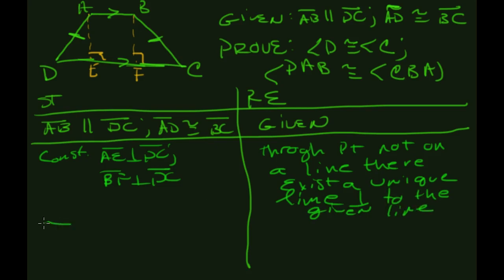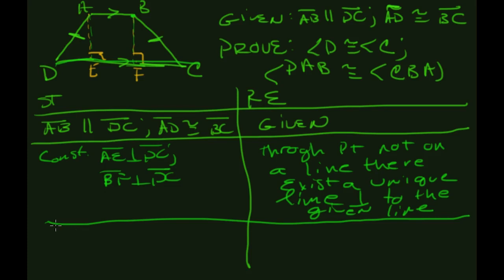So that's a bit of a mouthful, but if I have a line DC, and I pick a point B that's not on that line, there's only one perpendicular line that comes down, and that's going to be BF, likewise with AE.